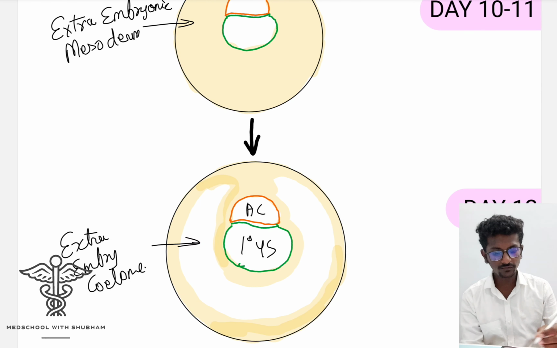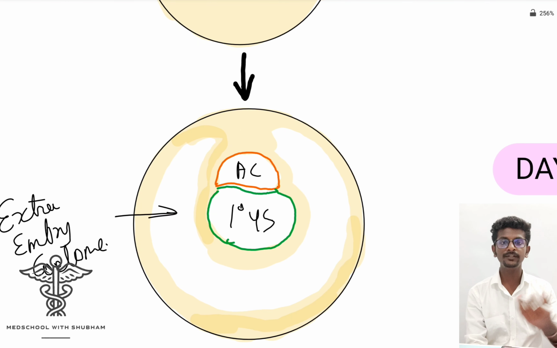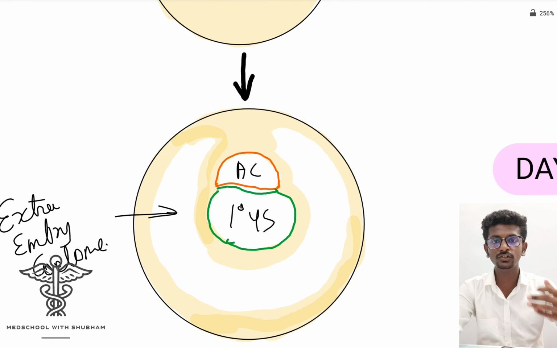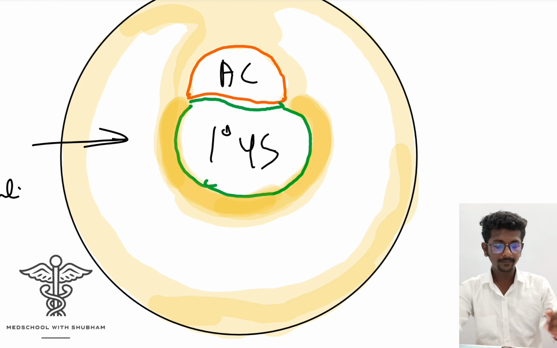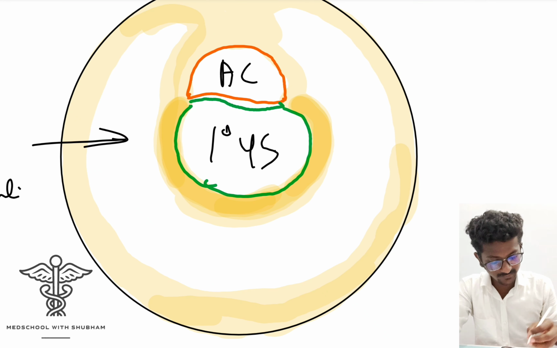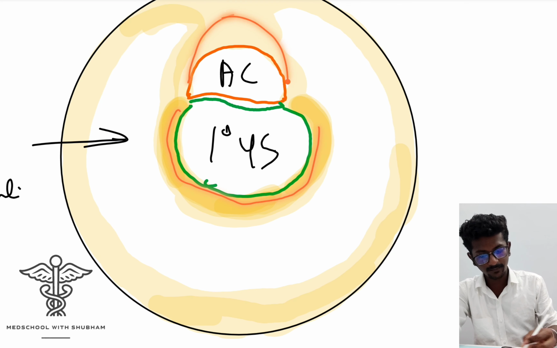Now, because of the formation of the extra embryonic coelom, the extra embryonic mesoderm gets differentiated into two parts. See, this is also extra embryonic mesoderm, and this, and this.